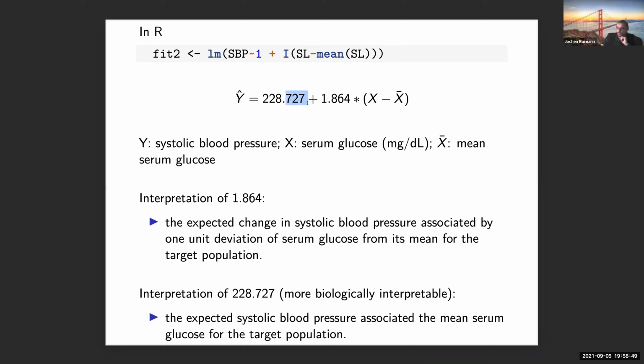So essentially 228 is now the new intercept. This is the mean of this simulated data set. It's biologically easy to interpret. It's substantially too high. So with 228, you're already in the diabetic range. Usually you would assume 100 to 120 is kind of a normal blood serum glucose.